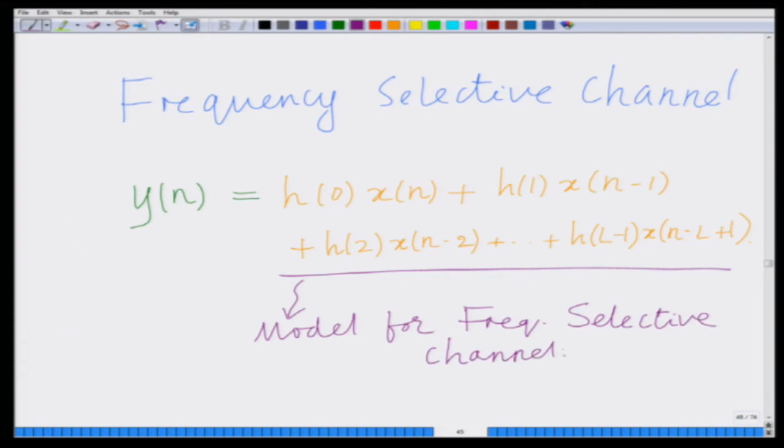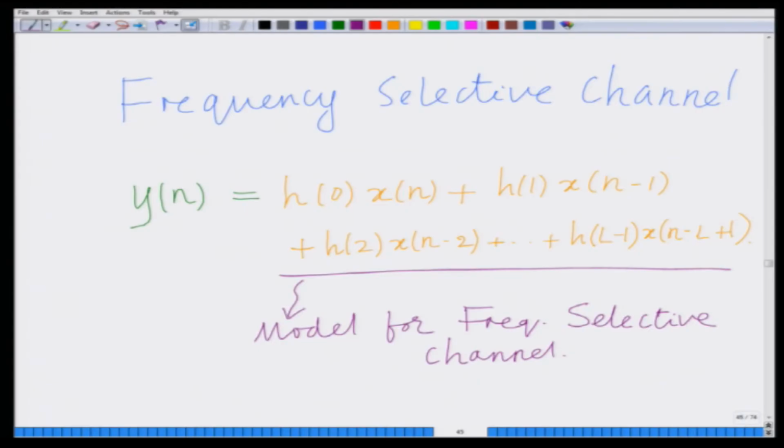Remember, we had looked at this in the context of CDMA also. We have Yn equals H0 times xn plus H1 times xn minus 1 plus H2 times xn minus 2, and so on and so forth until HL minus 1 times xn minus L plus 1. So, this has channel taps H0, H1 up to HL minus 1, that is L channel taps.